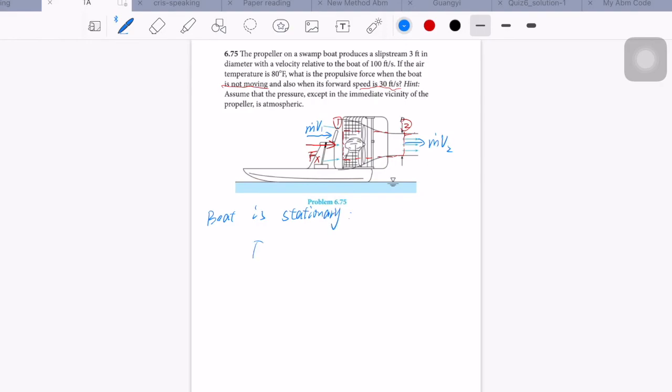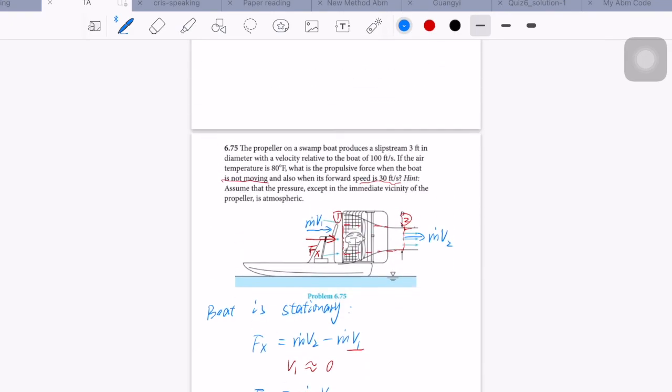So we have Fx is equal to m dot times v2 minus m dot times v1, and when the boat is stationary, we assume that v1 is approximately equal to 0. So we have that the Fx should be equal to m dot times v2. And we know the m dot should be equal to the rho times A2 times v2.